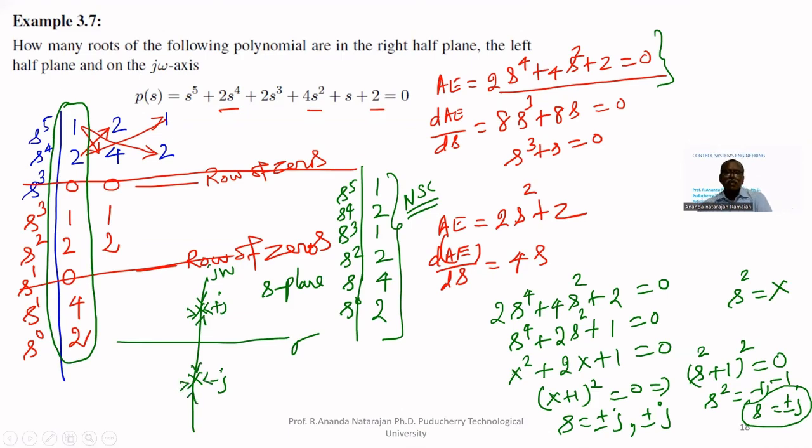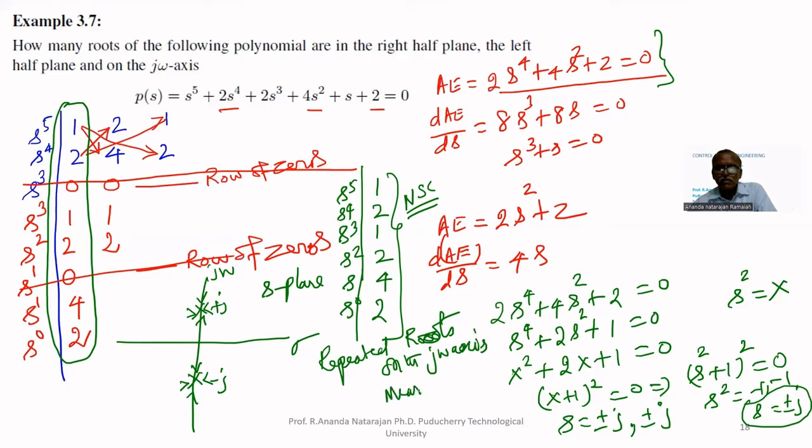Repeated roots on the j omega axis means unstable, this we have already seen. A single pole is permitted, but repeated, two poles on the same point on the j omega axis, therefore the system is unstable.